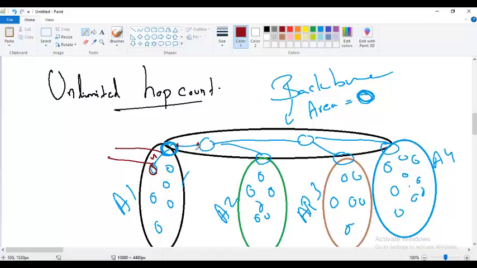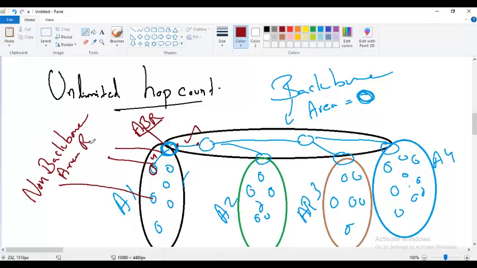These are non-backbone area routers. They are internal routers to area 1 or area 2 or area 3 or area 4. But this router is a backbone router. Whereas this is an area border router. It has got a special name, area border router. This has got backbone router.